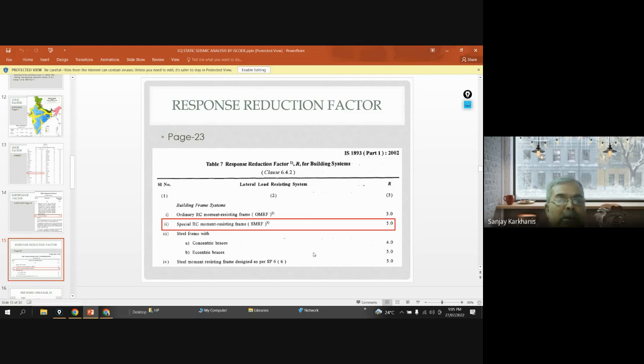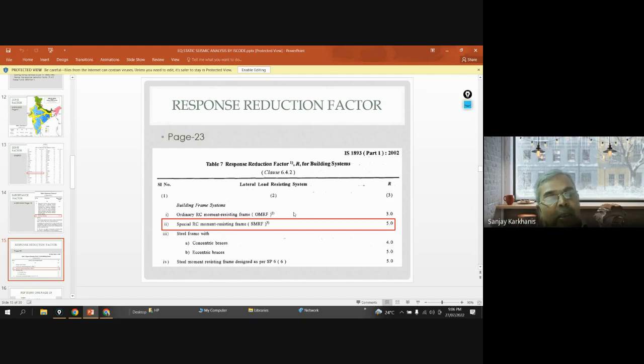But this, I will say, is page 23. They are showing a lot of details, or they may be asking you to go to SP16. But now this ordinary moment resisting frame is disallowed by the lateral load resisting provision of the 1893 code.